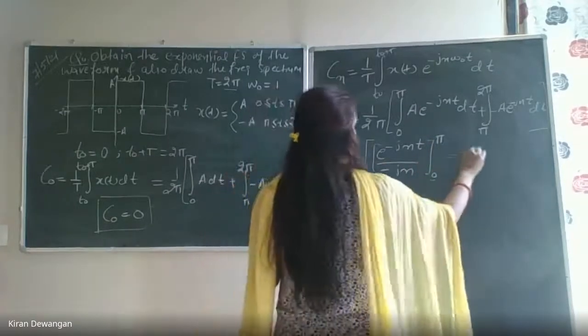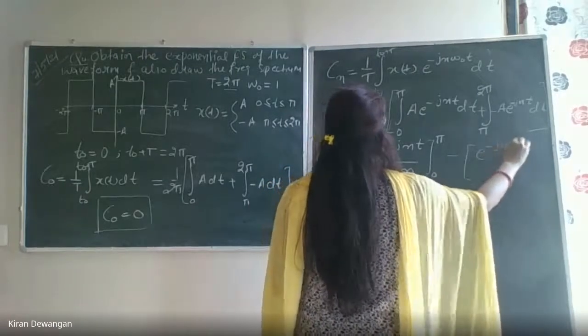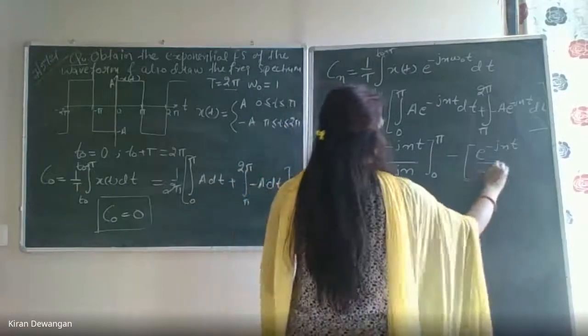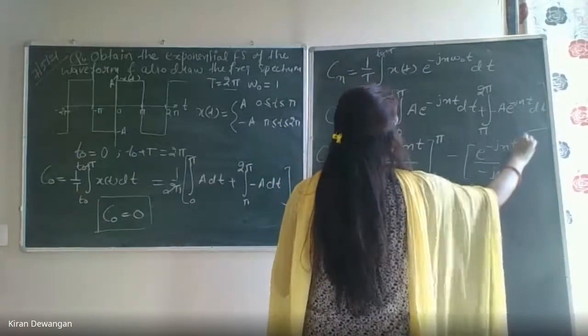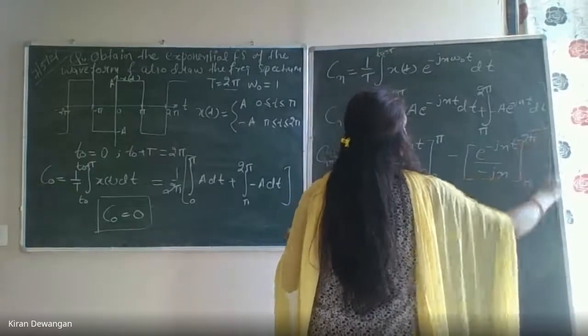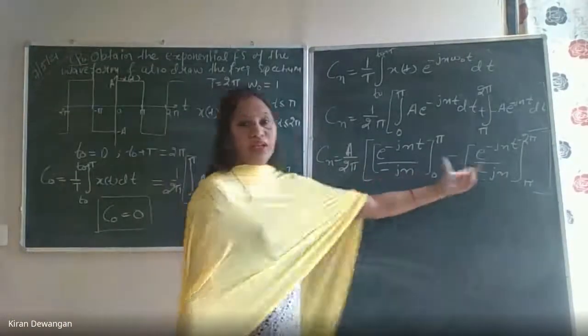Then the other one is e to the power minus j n t, minus was already there, by minus j n, and the limit will be pi to 2 pi, and the outer bracket. So this is how the integration will be.